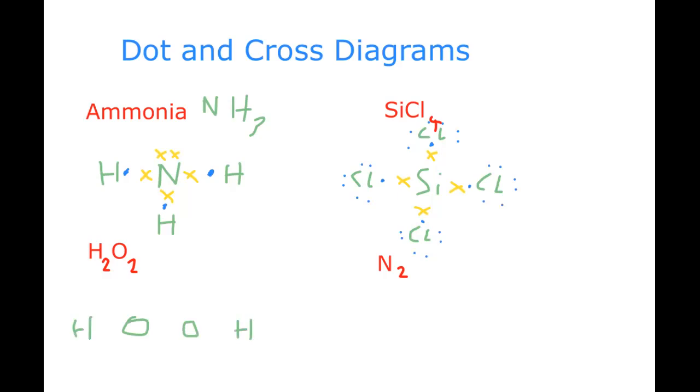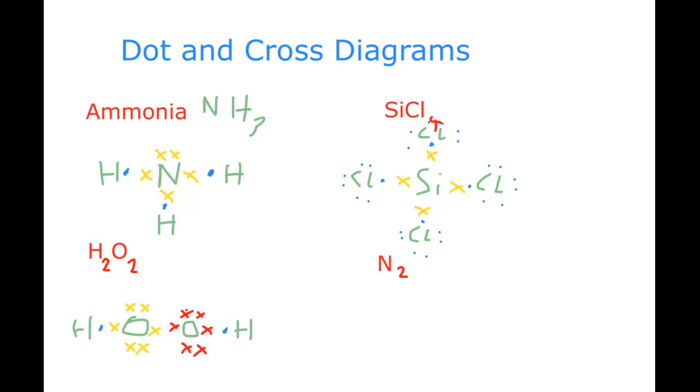Oxygen has 6 electrons in its valence shell. Hydrogen has 1 electron in its valence shell.